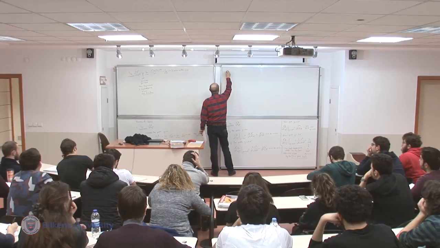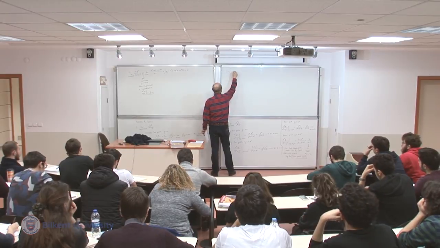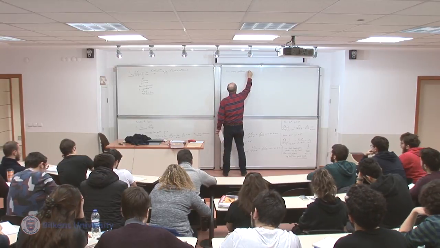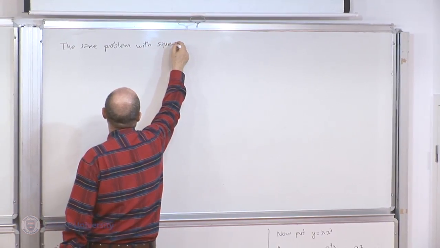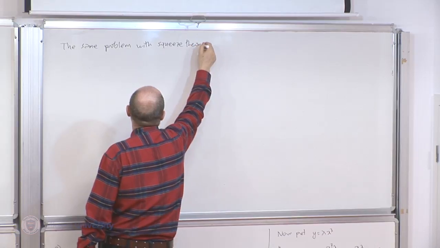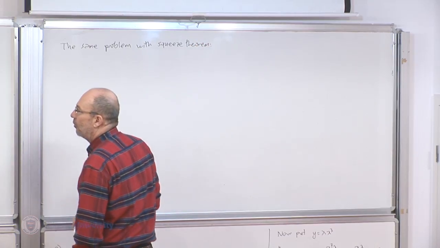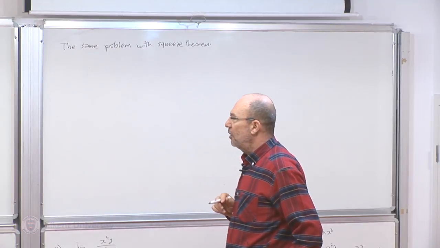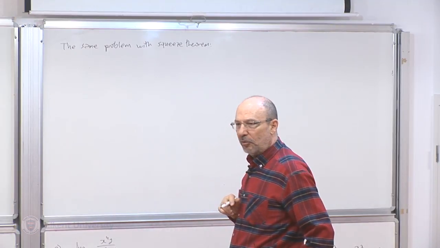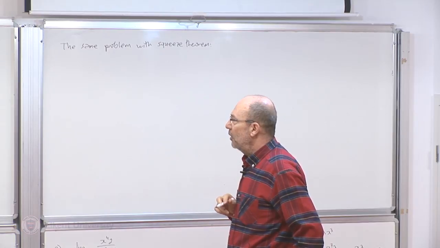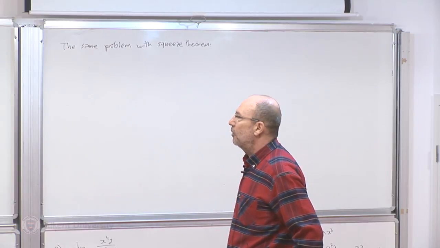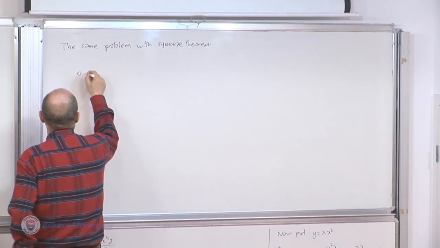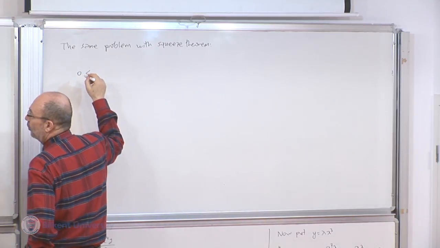Okay, so the same problem with the squeeze theorem. We want to squeeze this between something. In such rational functions the denominator vanishes only at the origin, so if the limit exists, the limit will be 0. So 0 is less than or equal to the absolute value of this.